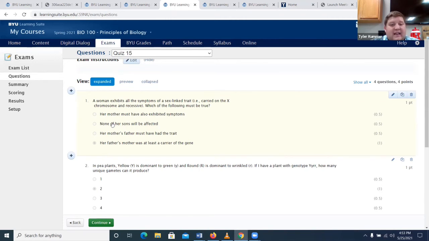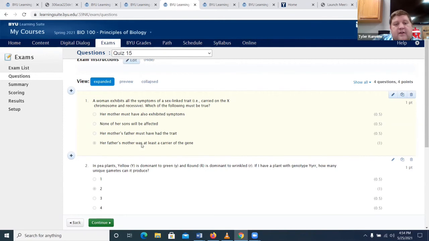And if mom has a sex-linked trait that's recessive, that X that the son gets from mom has to be one of the recessive ones. So in contrast, all of her sons will be affected, right? Because she only has recessive alleles on her 2 X chromosomes, and they will only get their X chromosome from her. So all of her sons will be affected.